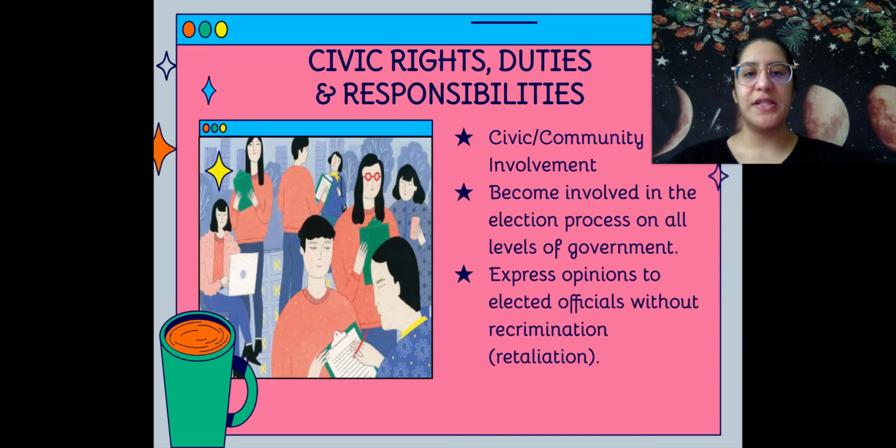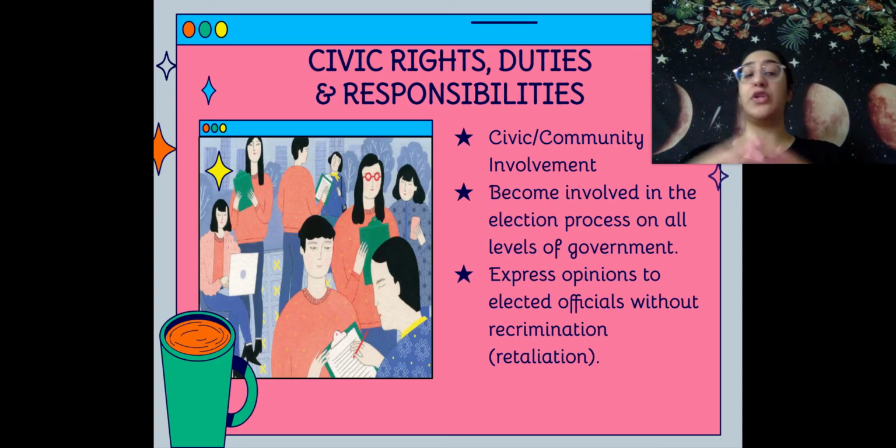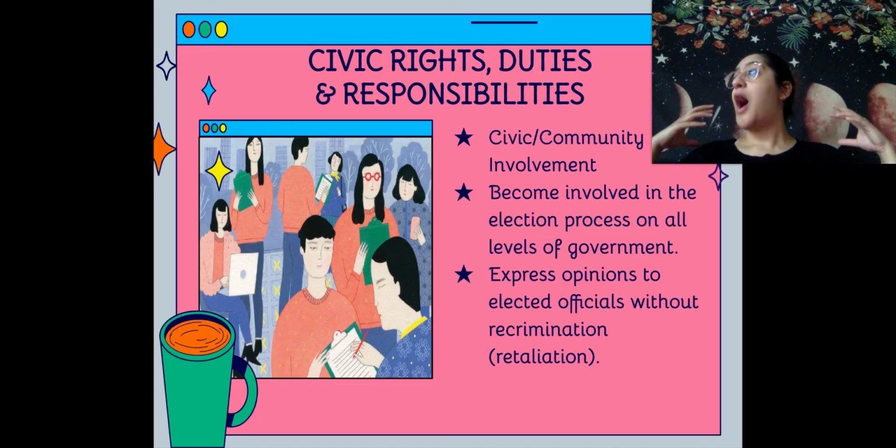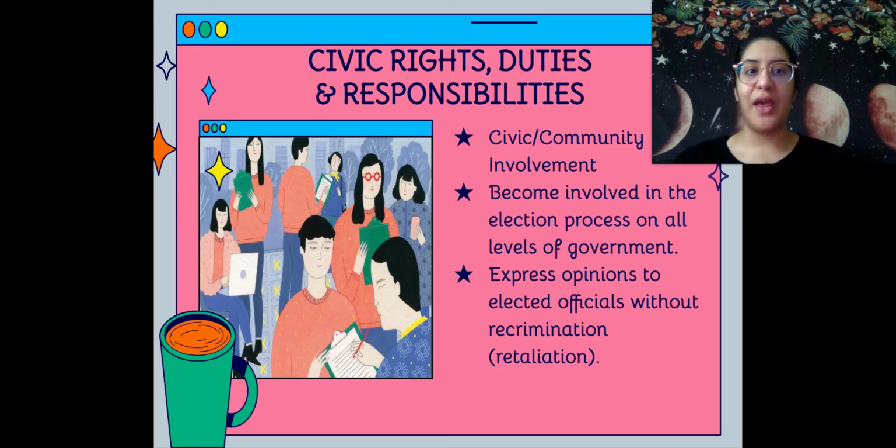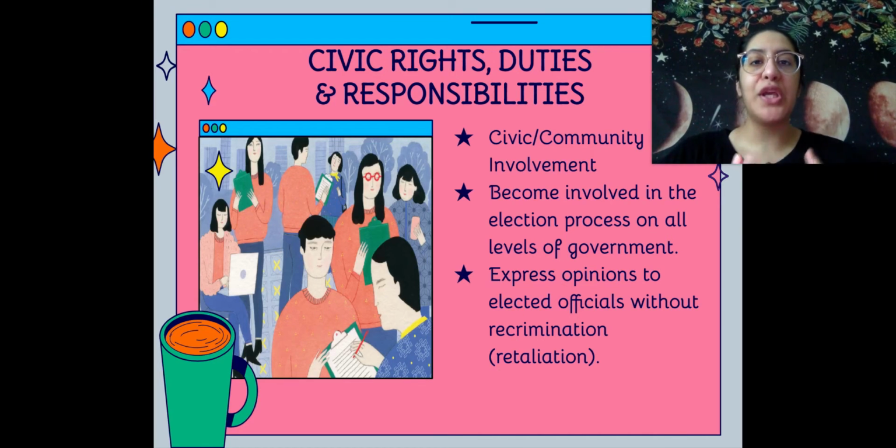So civic duties and community involvement are us working with the people that we know around us, the people that we don't know who are in our neighborhoods, who are living right by us, and working with them to make our world a little bit better.